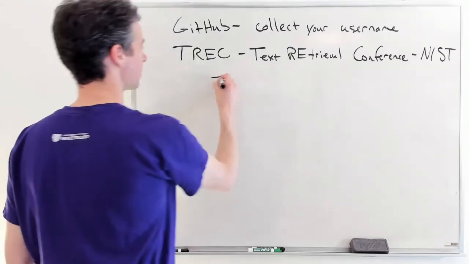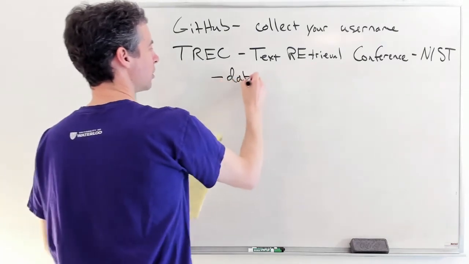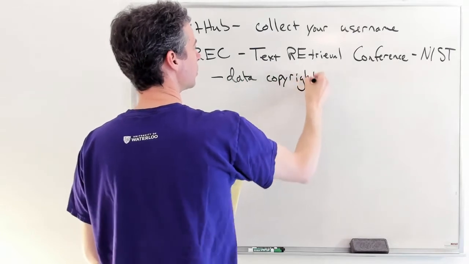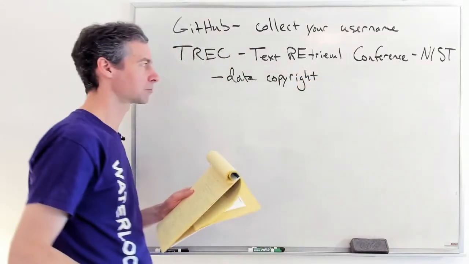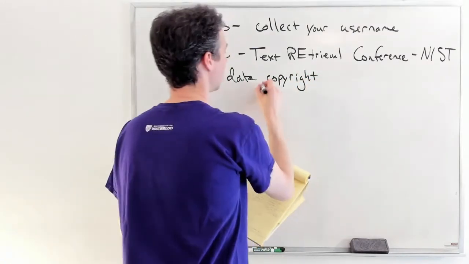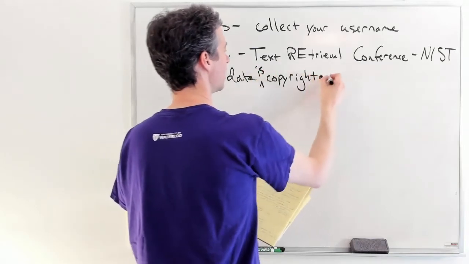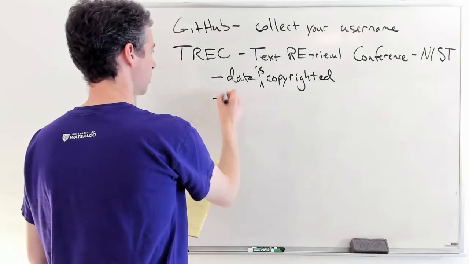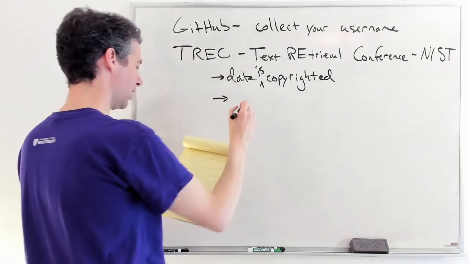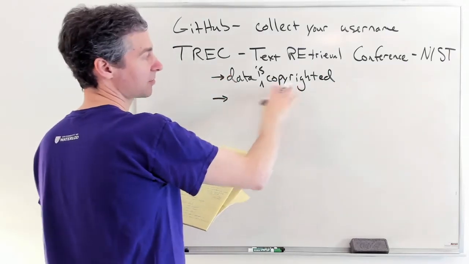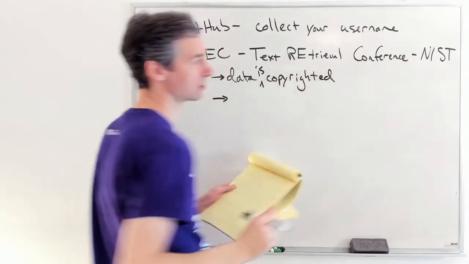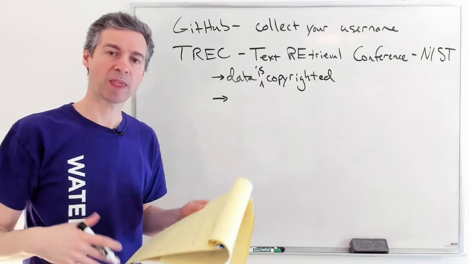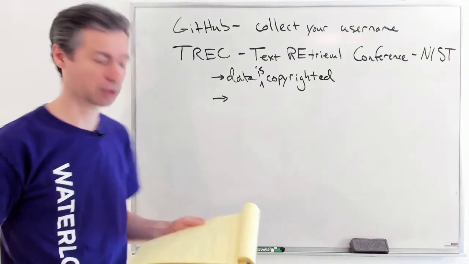For me to share it with you, I need you to agree to the rules that pertain to it. It has been licensed for use in research, so there are restrictions on it, and I need you to be able to follow those restrictions.